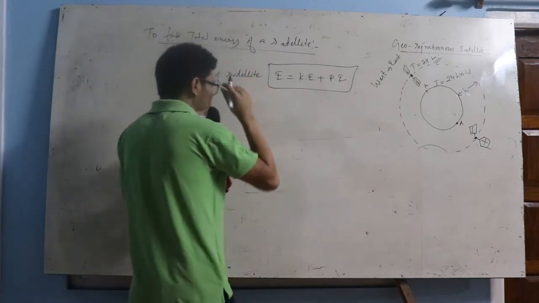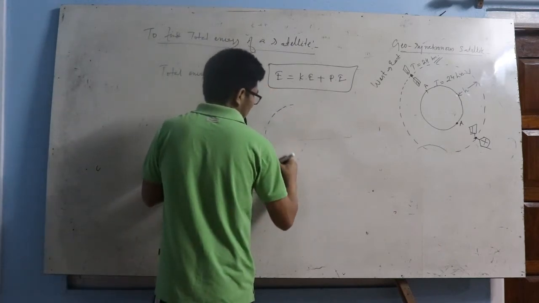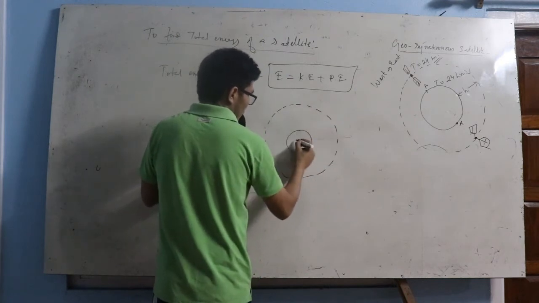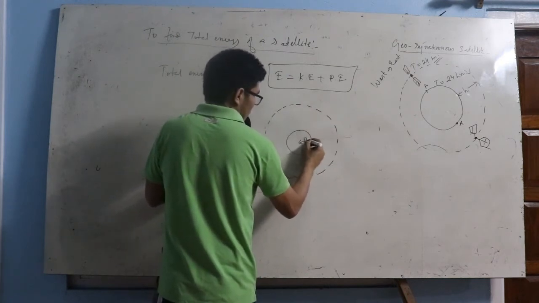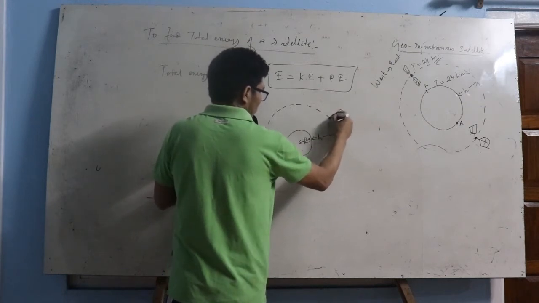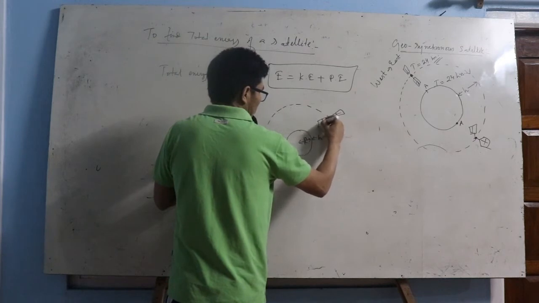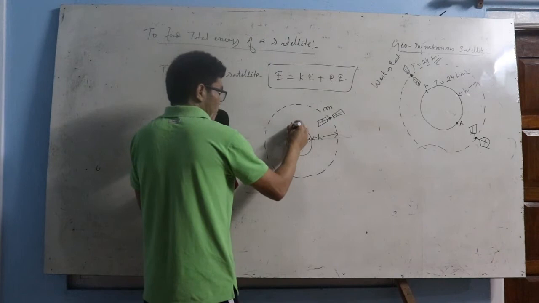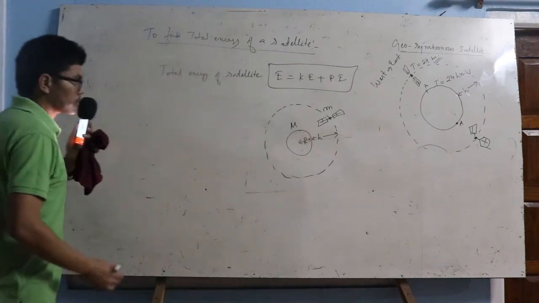Let us do like this. So this is the orbit, for example. This is the satellite, the Earth here, with the radius of R, and the height of the satellite is h here. The satellite is supposed to move here, like this. Last time I told you that if m is the mass of the satellite and M is the mass of the Earth, there is a gravitational force.